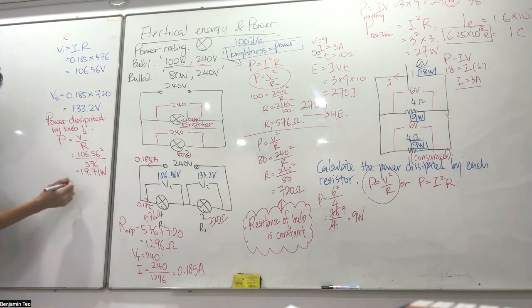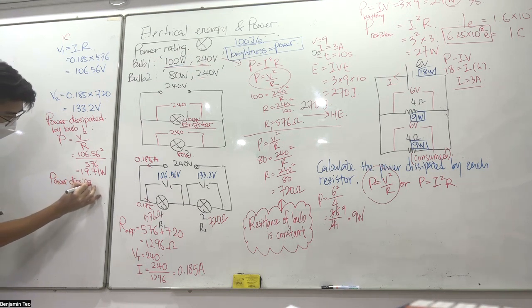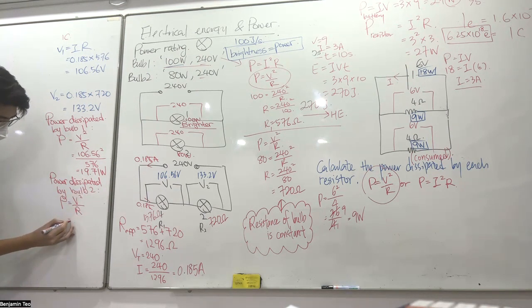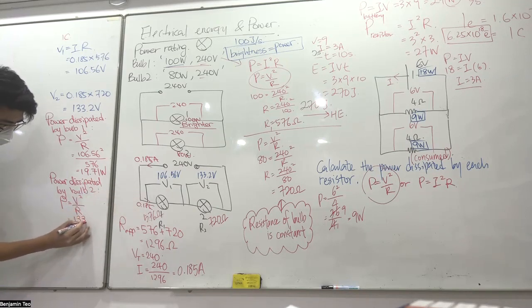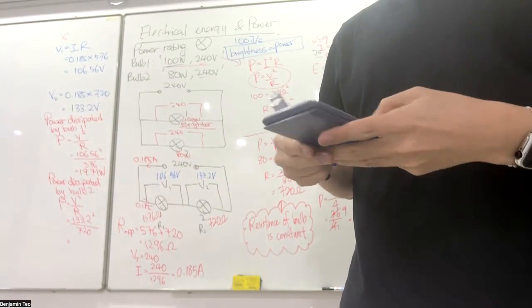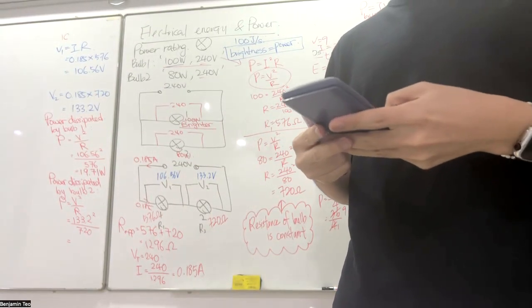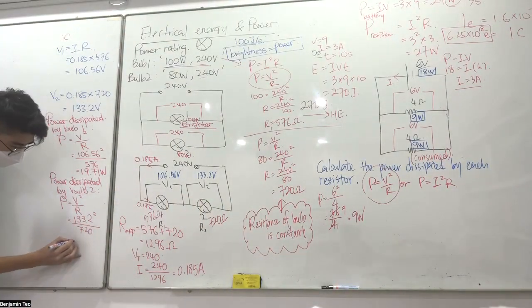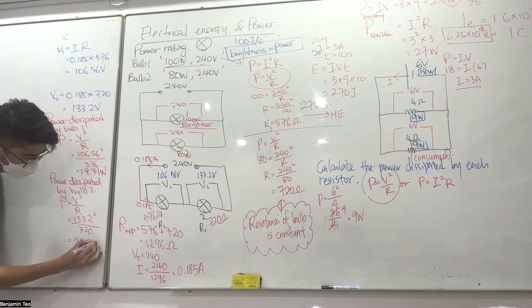Can we calculate the power dissipated by bulb 2 and compare the power dissipated?